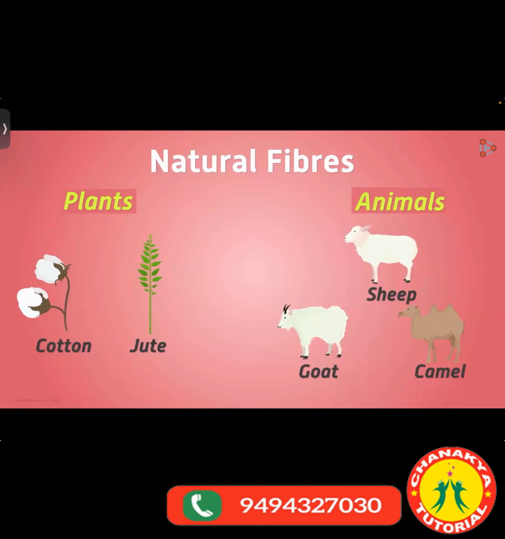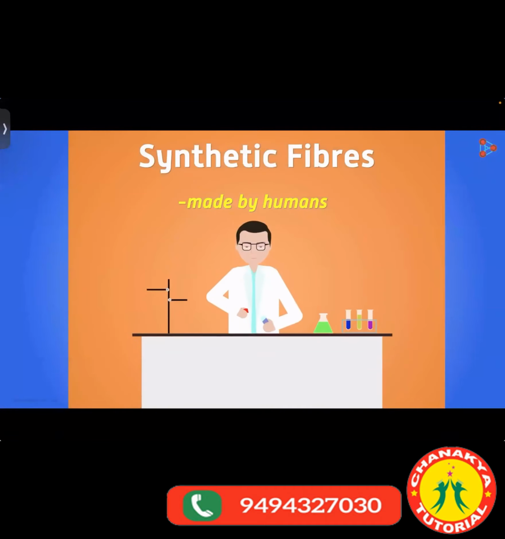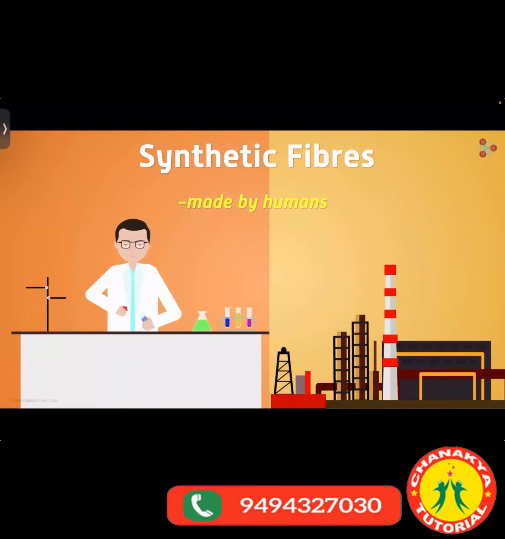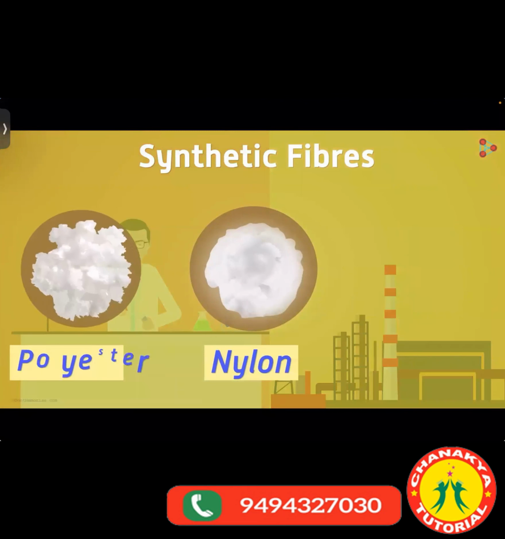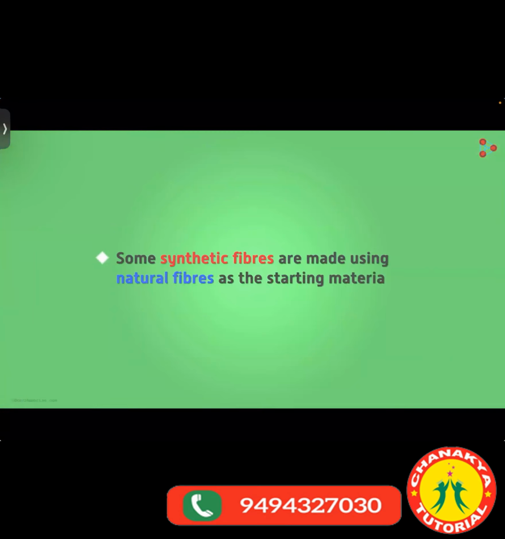In contrast to these natural fibers, the synthetic ones are made by us in the laboratories or industries, to be precise. Nylon, polyester, acrylic, all these fibers are the best examples to study the synthetic fibers category. Lastly, do you know that some synthetic fibers are made using natural fibers as the starting material? Yes, it's true.